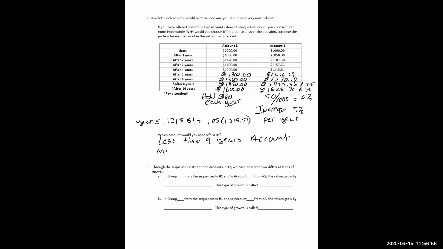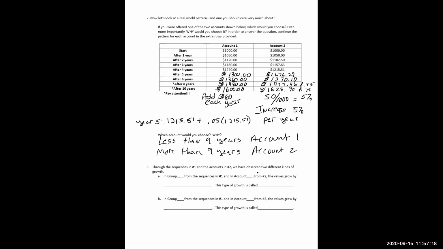If I'm more than 9 years, I would think account number 2, because you've got more money at 10 years in account 2 than you do in account 1.